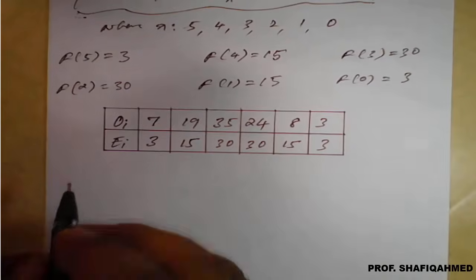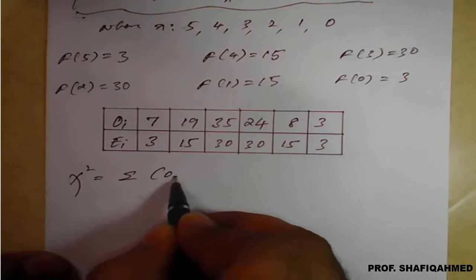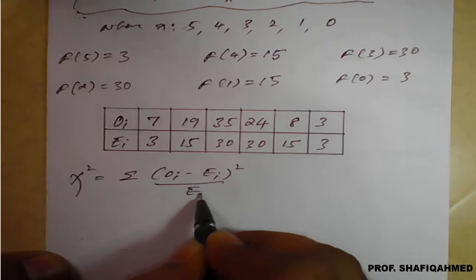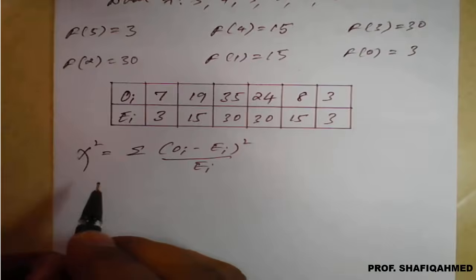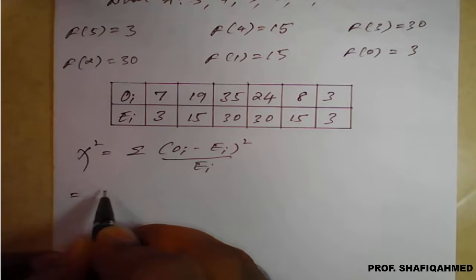As we know, chi square is given by summation of (Oi minus Ei) whole square divided by Ei. So we need to enter the values in detail.